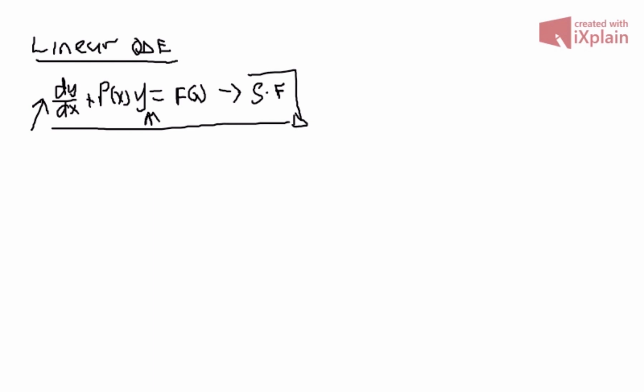Now, when we are dealing with linear ODE, on the method of solution, we always follow three procedures. The first and foremost step is always to write it in the standard form, and then second, you need to find the integrating factor, which is this, right?